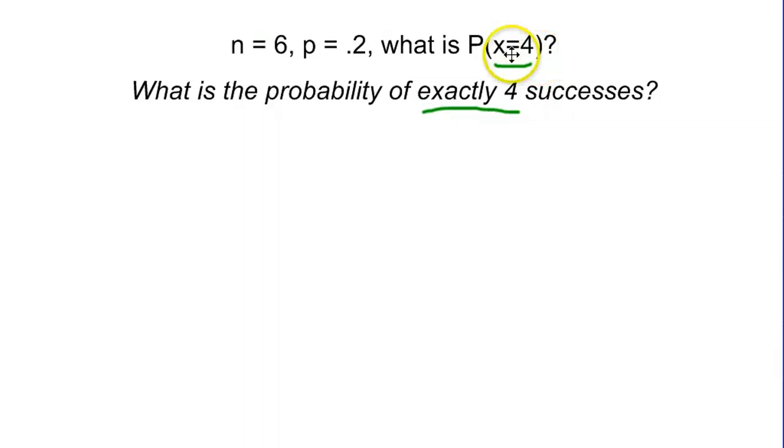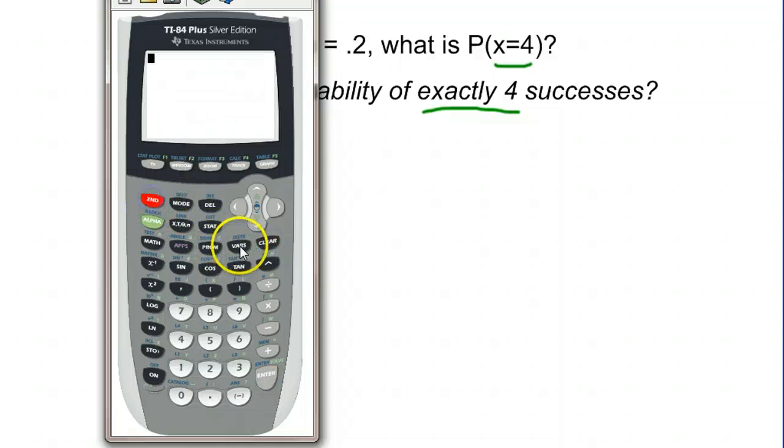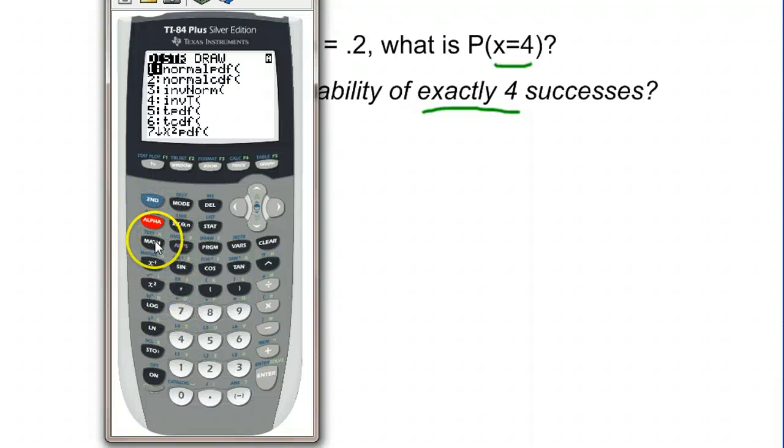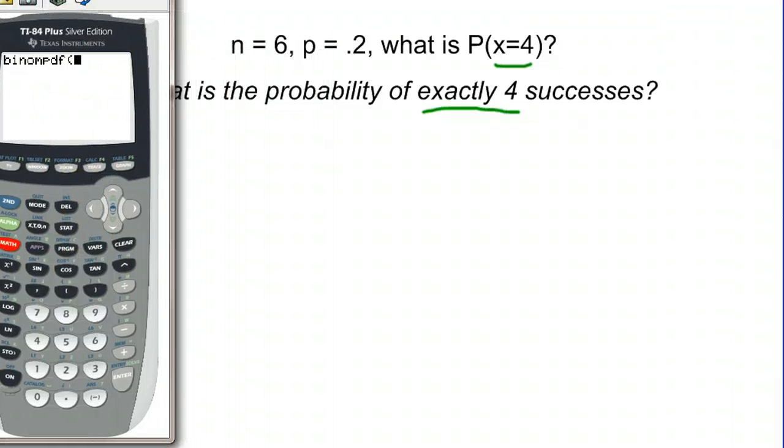Whenever we have an equal sign, we're looking for an exact number, so we're always going to use our binom PDF. We go to our second vars, and in my calculator that's at A, binom PDF, and we type in n comma p comma x.